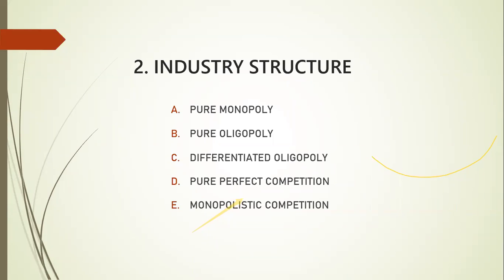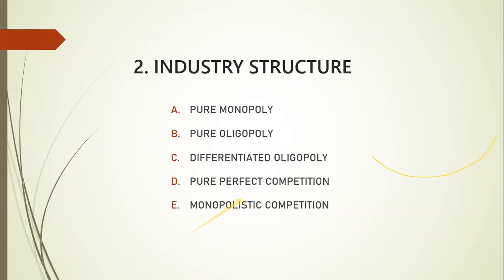And the last one is monopolistic competition, where we have many sellers and many buyers, right? Monopolistic competition is very intense, cutthroat competition, and margins are very low, wafer thin margins. So from an industry analysis point of view, an investor will be interested in differentiated oligopoly.